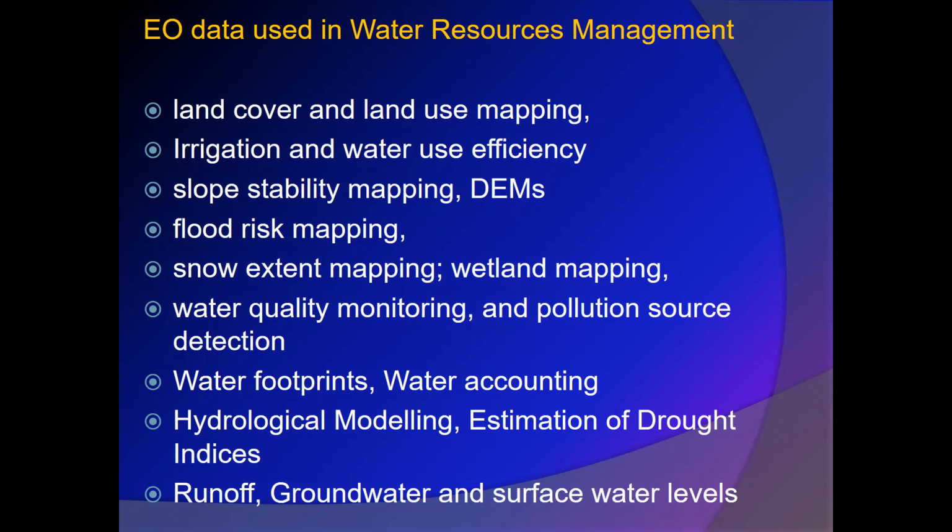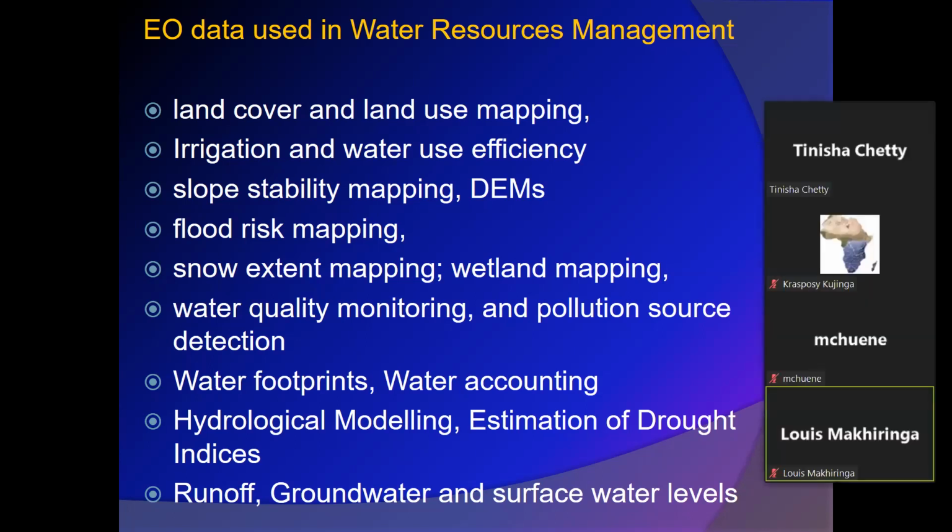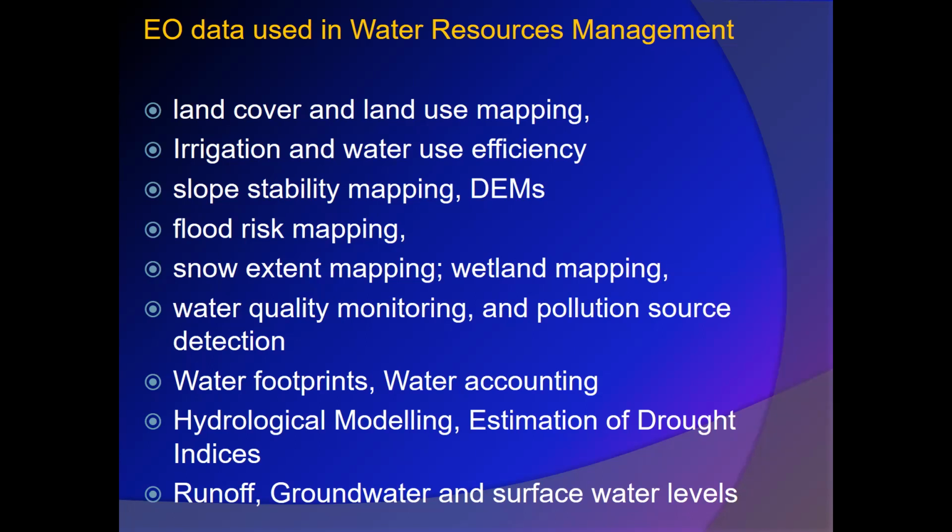Water quality monitoring, pollution source detection, wetland extent mapping, snow extent mapping, water footprints, water accounting, newer avenues of water accounting, and estimating the water footprints, hydrological modeling, in particular, estimating parameters for hydrological models, and replacing the in-situ measurements with the Earth observation data sets.